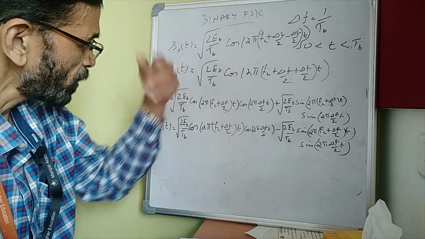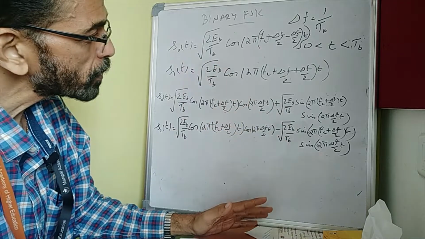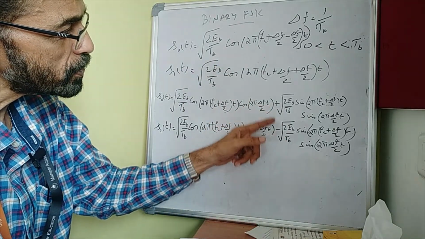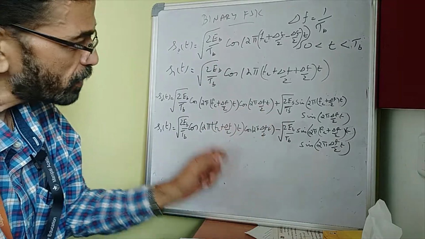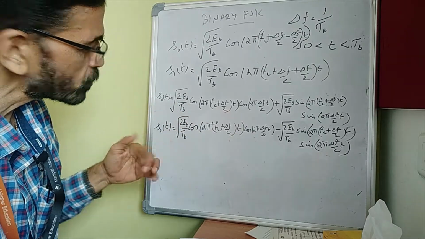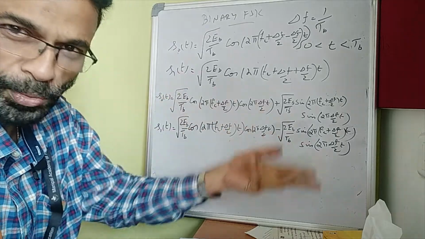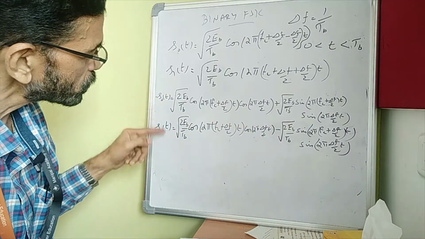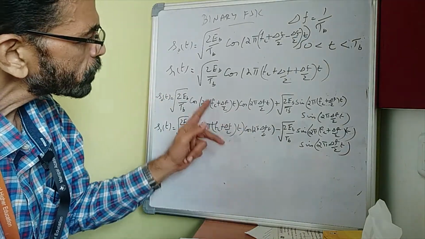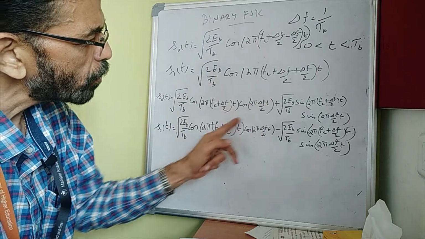Say for example this is mapped onto bit 0, this to bit 1. So bit 0 and bit 1 are differentiated only by this numerical sign, which means that irrespective of which of the two signals is transmitted, and remember one of these two signals is transmitted, this part will always be there on the line.